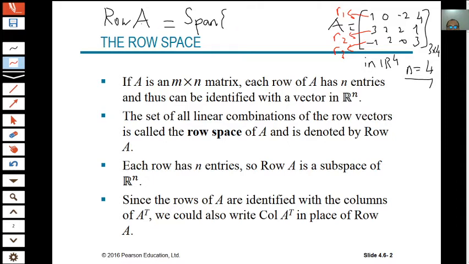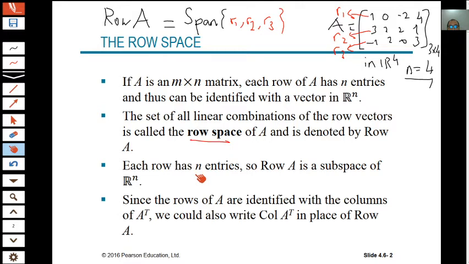So the row space of the matrix A is the set spanned by the vectors R1, R2 and R3. Okay, this is called the row space.